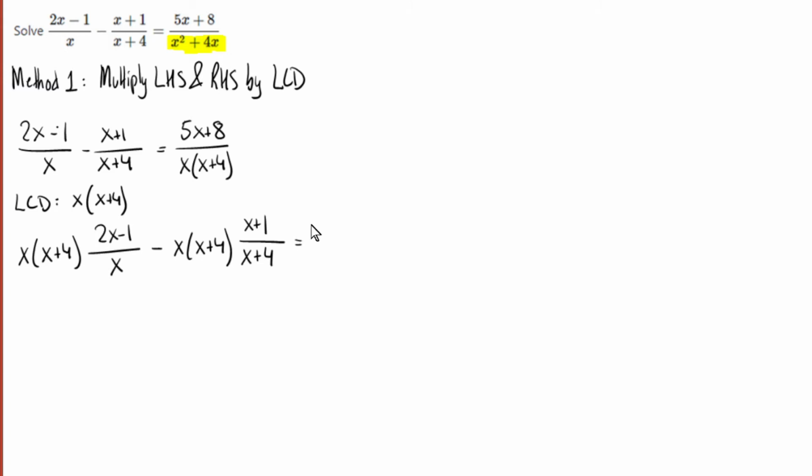And the same thing on the right hand side. Now what we're able to do is cancel the denominators. This x cancels against this x. This x plus 4 cancels against this x plus 4. And this entire denominator cancels against the LCD here.